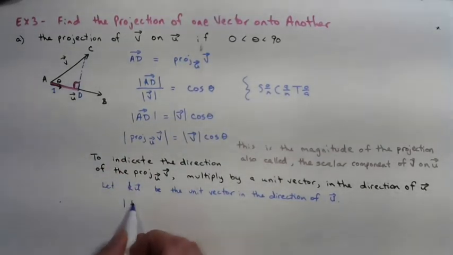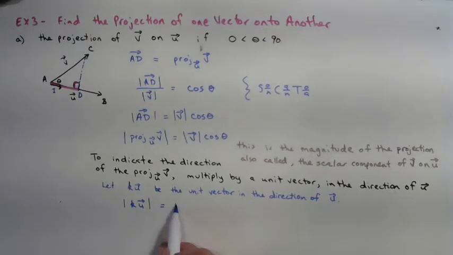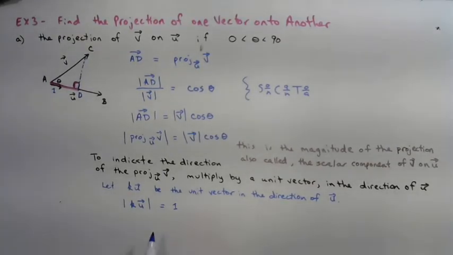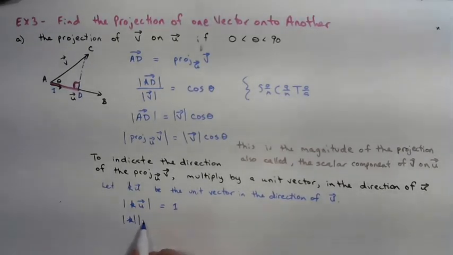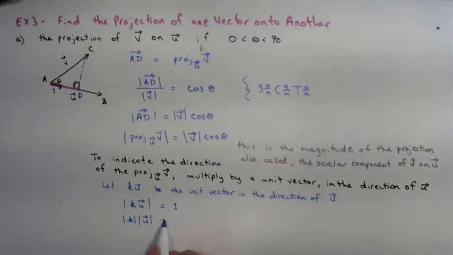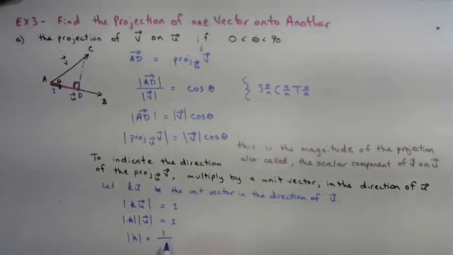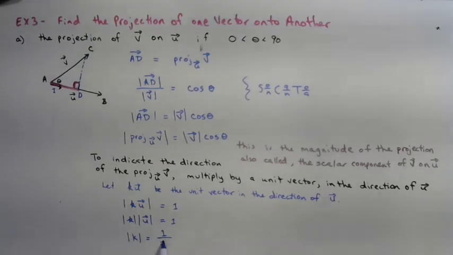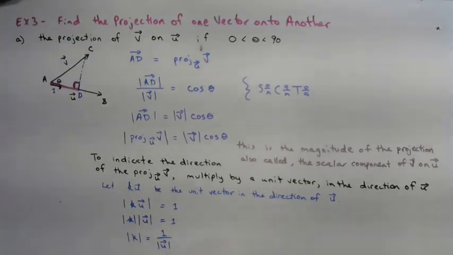Well, we already know, since this is our definition of ku, a unit vector, that the magnitude is 1. Now let's use some of our properties. That means that the magnitude of k, the scalar value of k, times the magnitude of U equals 1, which means k, the scalar multiple that we're using to get U down to a unit vector, is 1 over the magnitude of vector U. That was a little bit tricky.